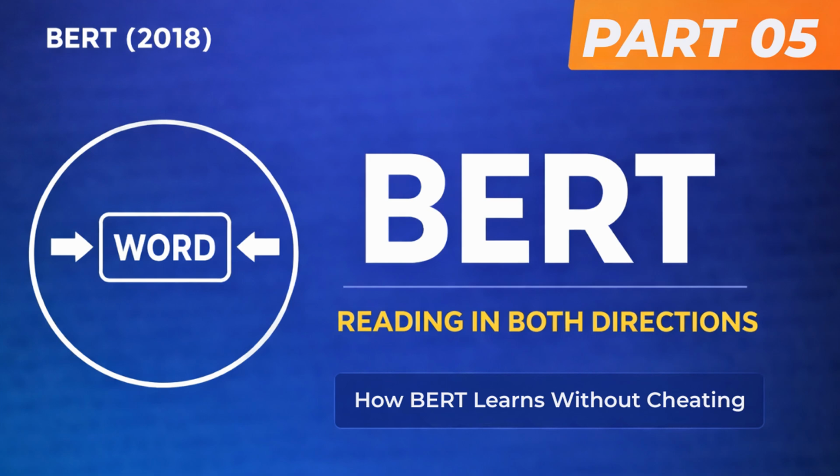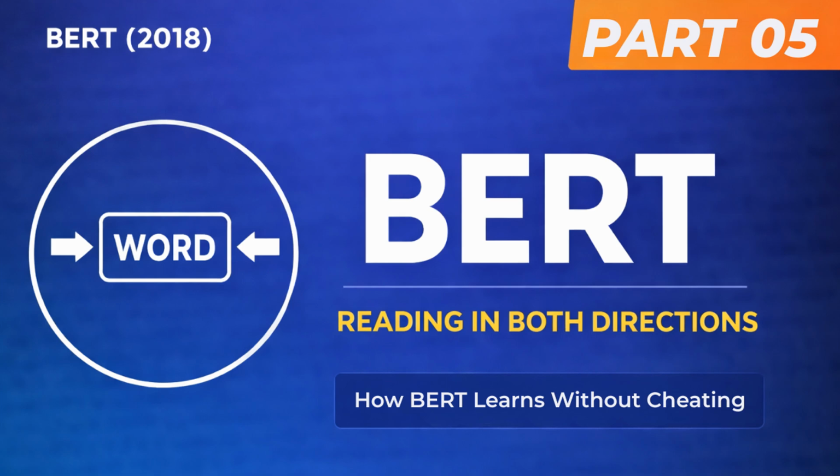NSP encourages a coherent sentence pair representation via CLS. The corpus choice provides continuity and coverage, and document-level structure makes both objectives meaningful. So, bidirectional understanding isn't just a phrase. It's the outcome of a training recipe that has been designed to make that outcome possible.